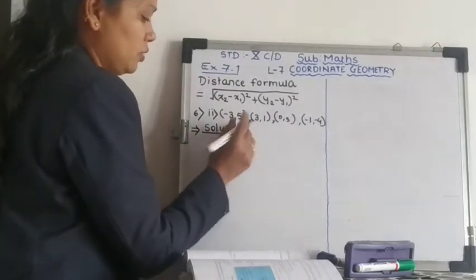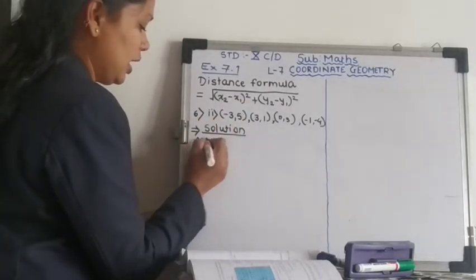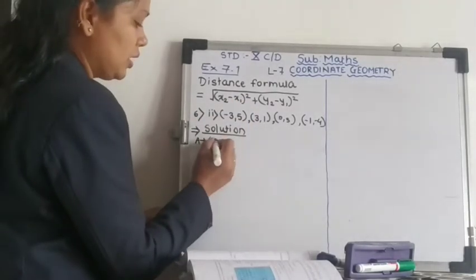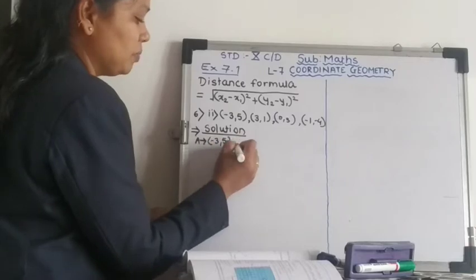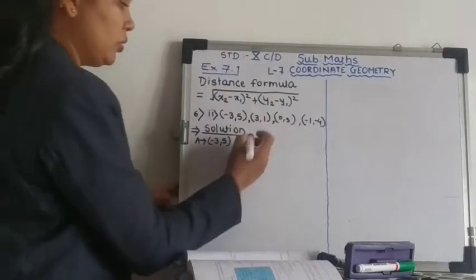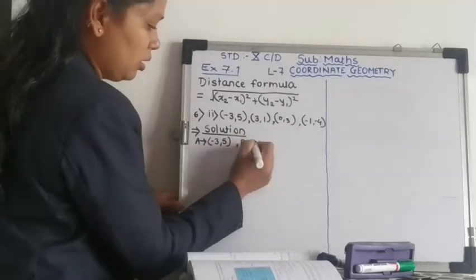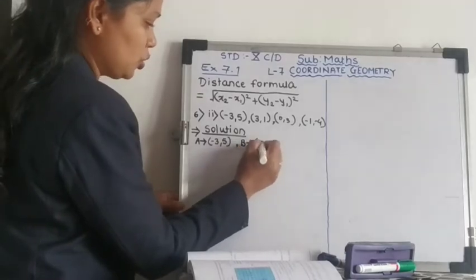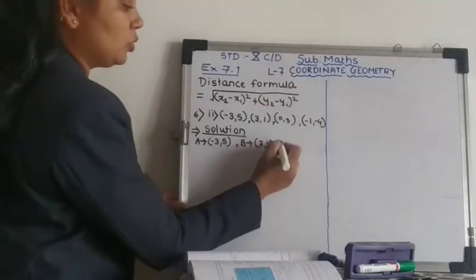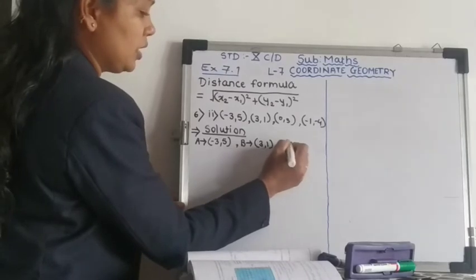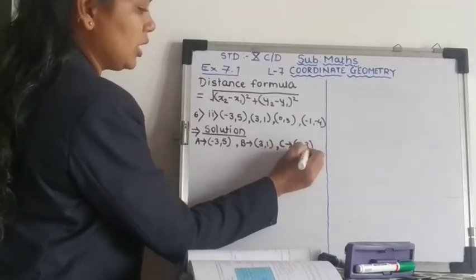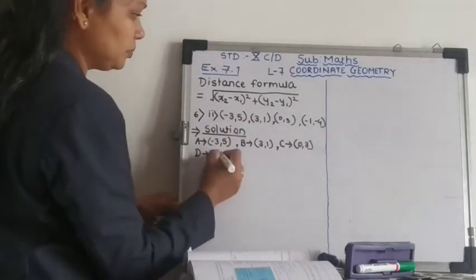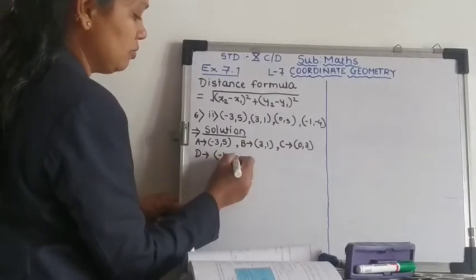First, point A is minus 3, 5. Write them one below the other. C is 0, 3, and D is minus 1, minus 4.